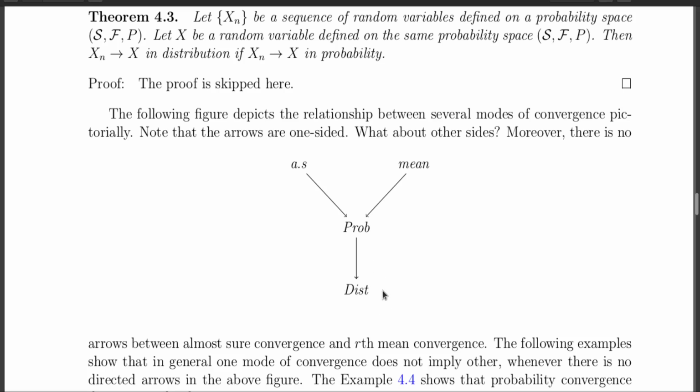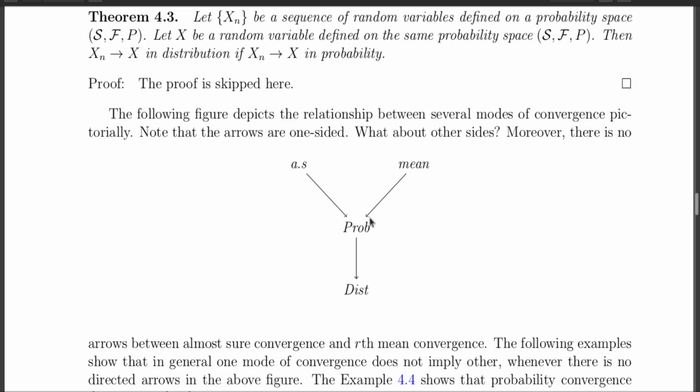But for convergence in distribution, I do not need that condition. Because we are going to talk about the relationship between these four modes of convergence, we will assume that all the random variables are defined on the same probability space: Xn for all n is defined on the probability space (S, F, P), and X is also defined on the same probability space (S, F, P).